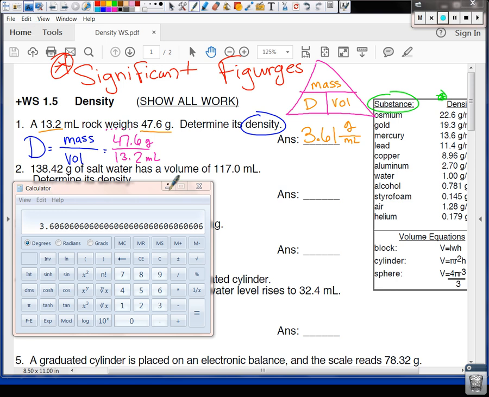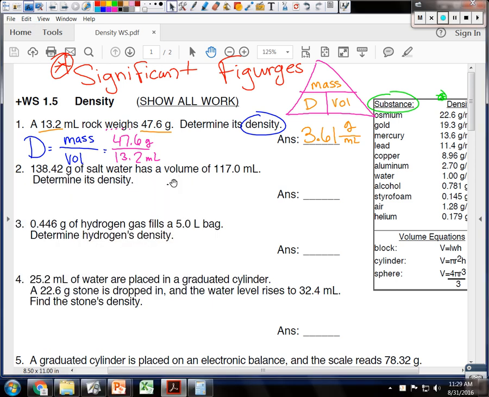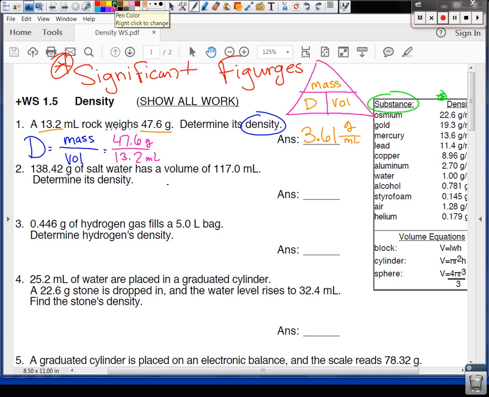All right, so let's look at the next one. 138.42 grams of salt water has a volume of 117.0 milliliters. Determine its density. What are we solving for specifically? The density. All right, so we now know that the density is mass divided by volume. Now, based on the values given in the problem, are they already in their appropriate units to be plugged in?